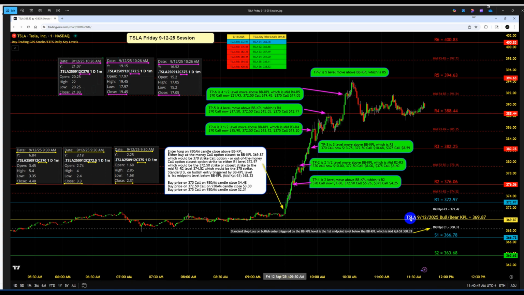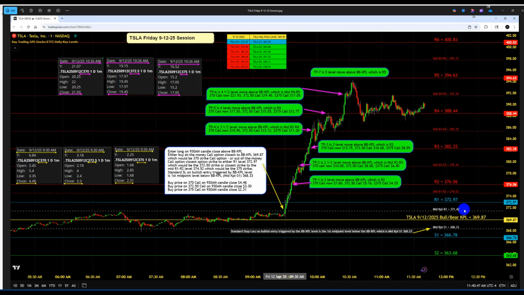Eastern New York time. The main level for the session to pay attention to is the bull-bear KPL, which stands for bull-bear key price level. This is the indicator's key bull-bear pivot for this trading session.